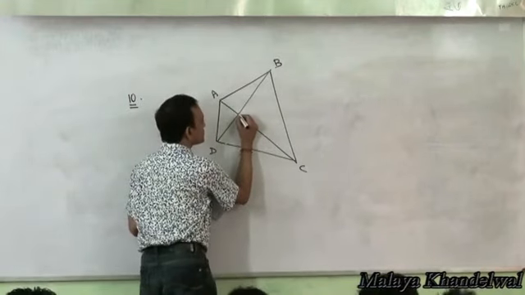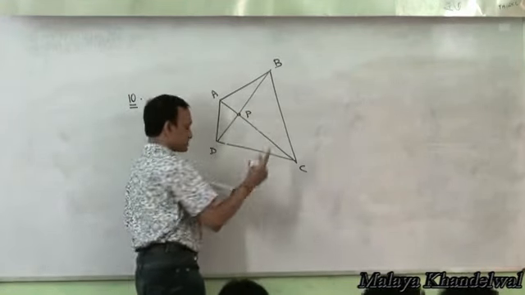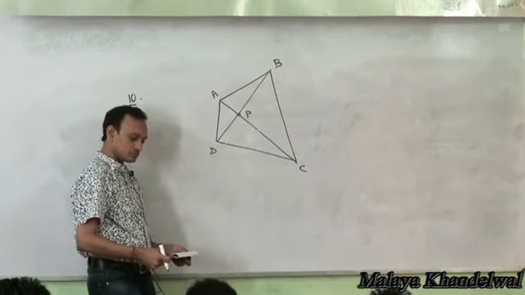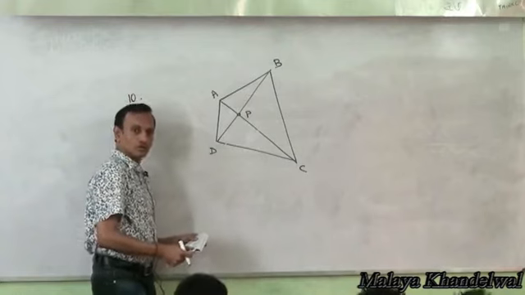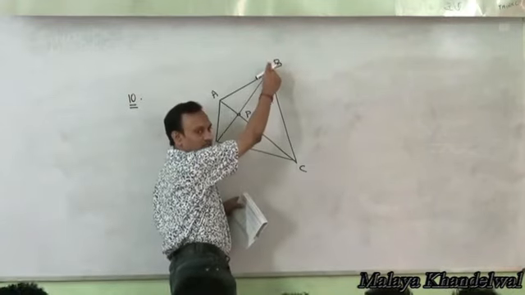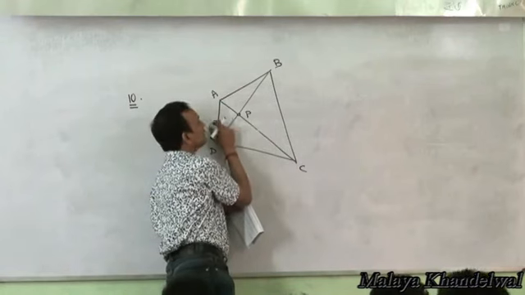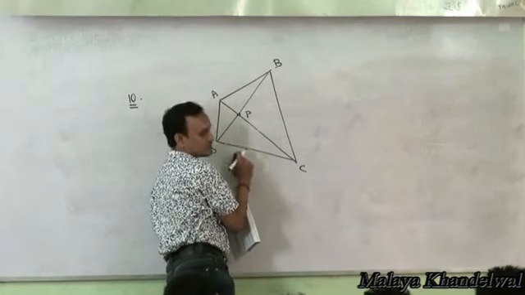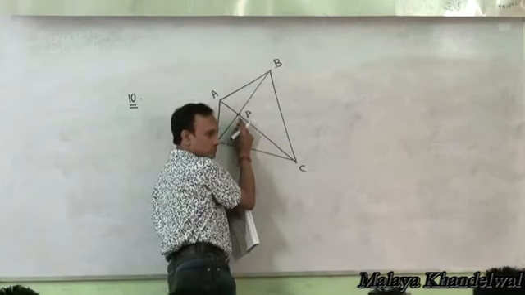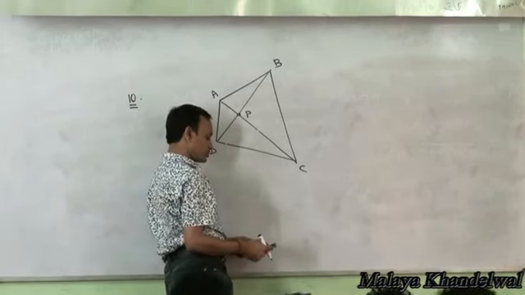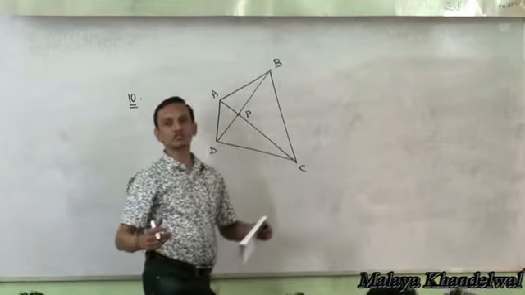The two diagonals intersect at the point P. One ellipse is drawn with A and B as foci and passing through P, and another ellipse is drawn with C and D as the two foci and passing through P. We have to show the two ellipses touch each other at P.